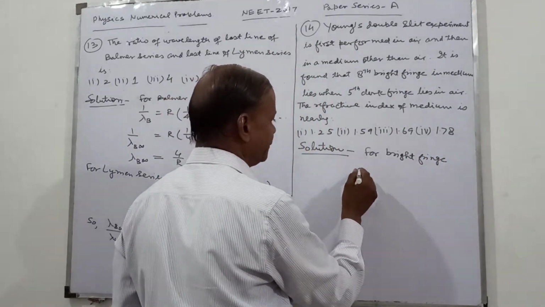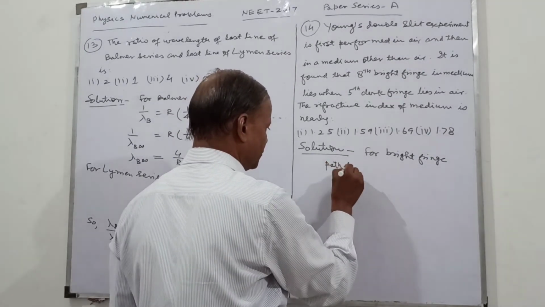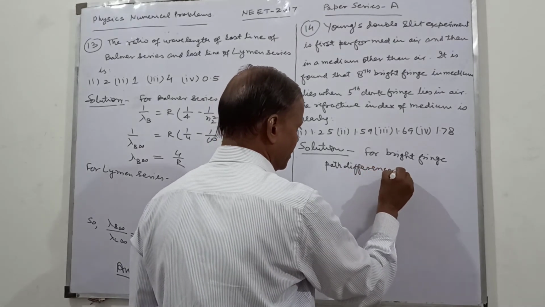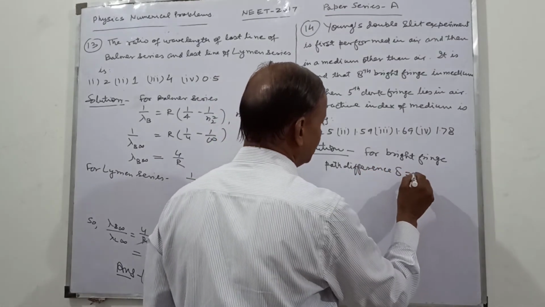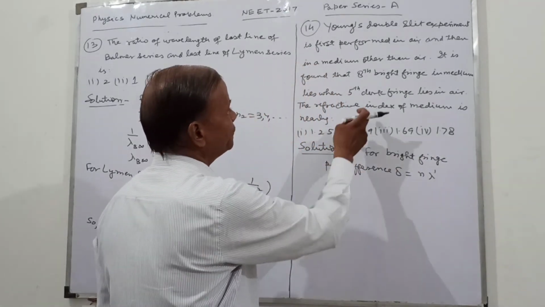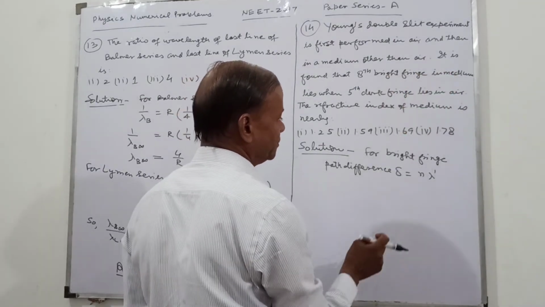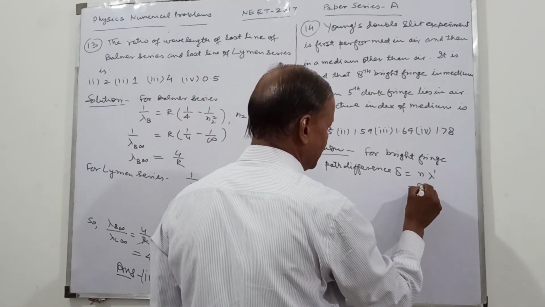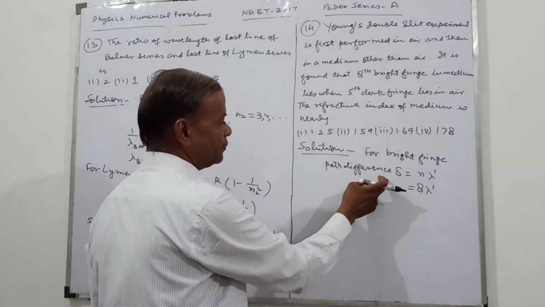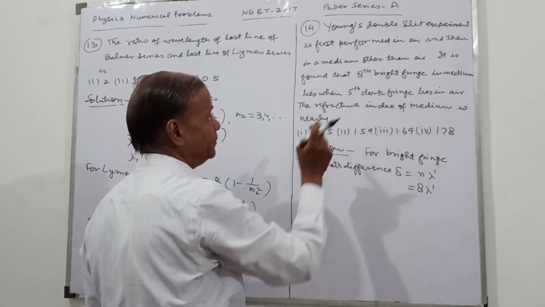Now we have the path difference delta equal to n lambda dash, because this is being performed in the medium. So this is now your 8 and this is now lambda dash. This is now for the bright fringe in the medium.